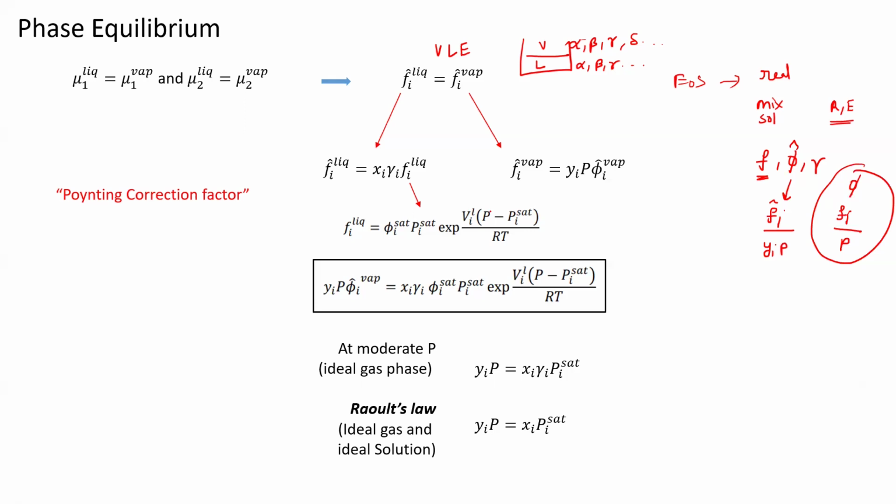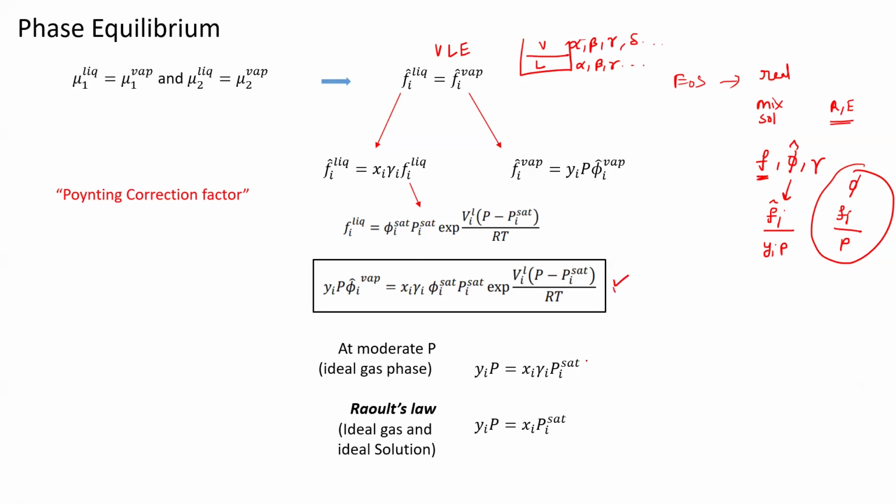So exponential of 0 is 1. And phi sat and pi sat are at the saturation temperature, that is, at that temperature, what will be the saturation pressure. This is the term when it is a vapor liquid equilibrium.